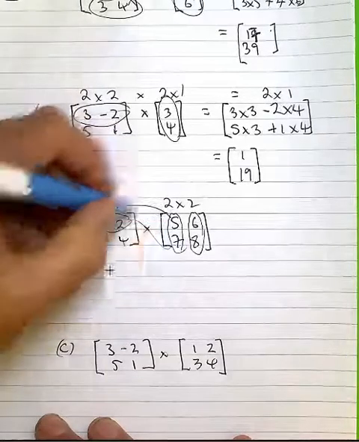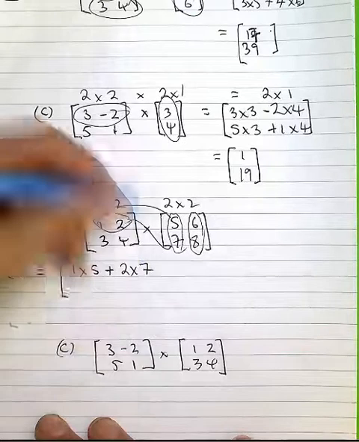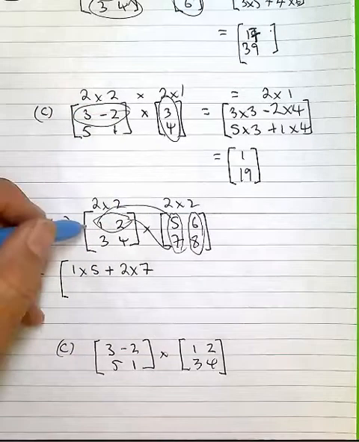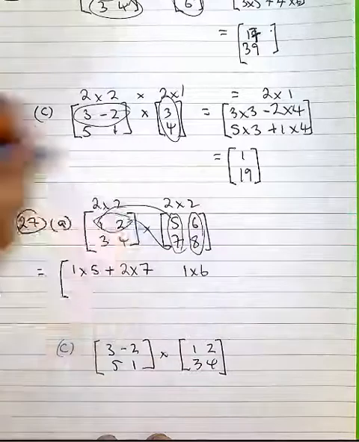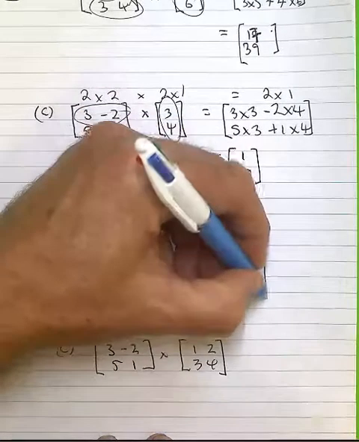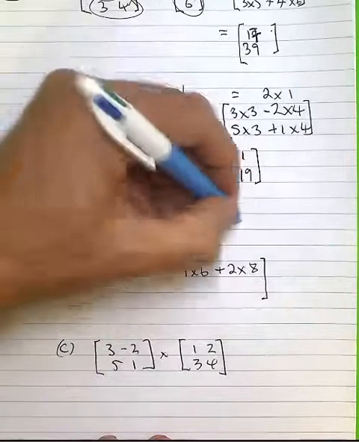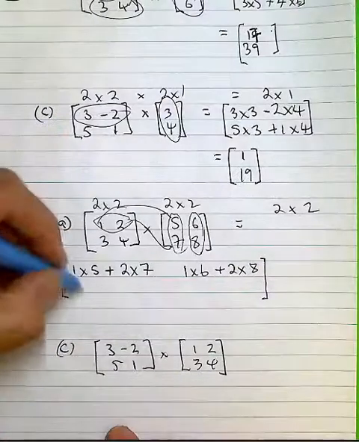So 1 times 5 plus 2 times 7. The 1 times 6 plus the 2 times 8. So we get a 2 by 2 matrix as our product.